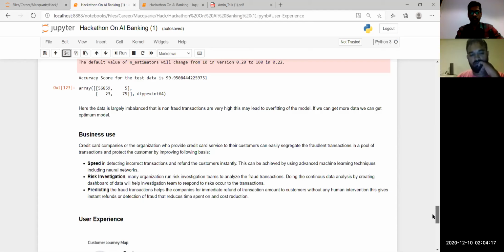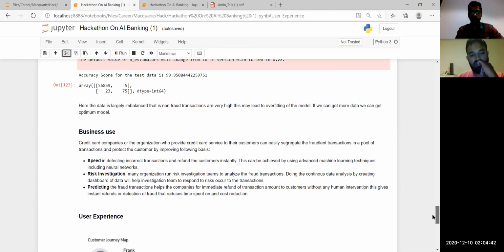Generally, many organizations run risk investigation teams especially to analyze fraud transactions. By doing this continuous data analysis, we can create a dashboard of data, which will help the investigation team respond very quickly.